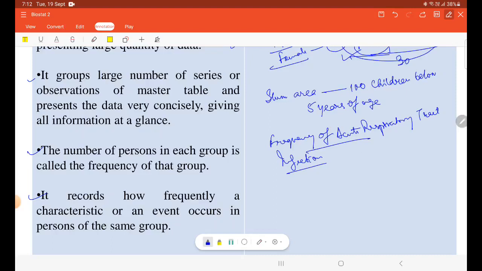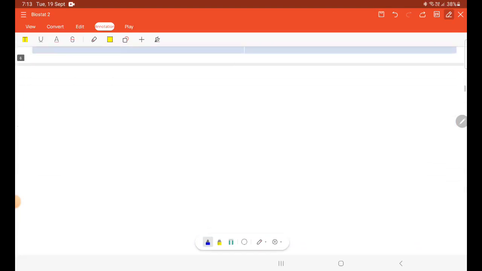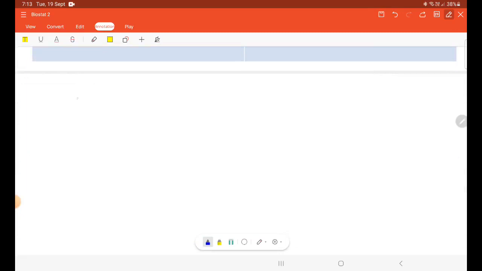Say you want to categorize, we normally say that for upper respiratory tract infection, acute respiratory tract infection, more than 5 episodes in a year is very high. Okay. So we categorize them like high frequency, normal frequency.